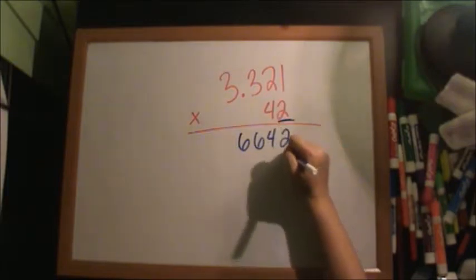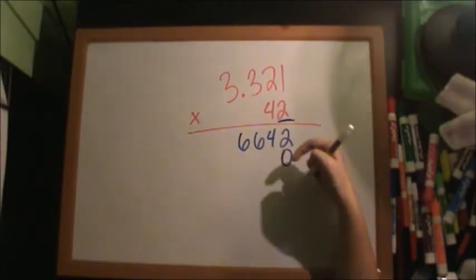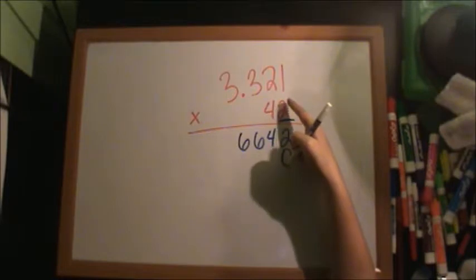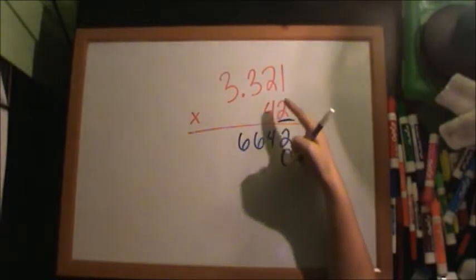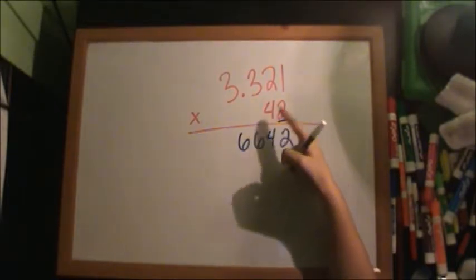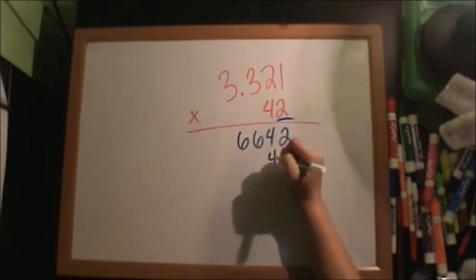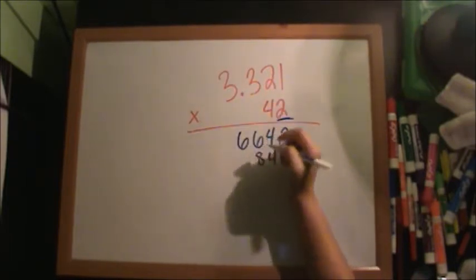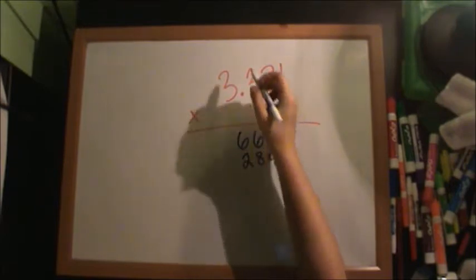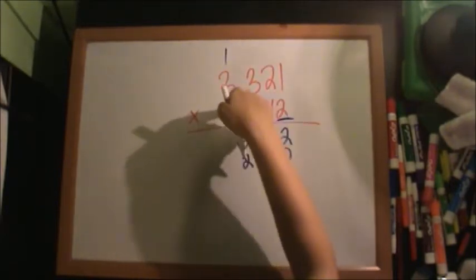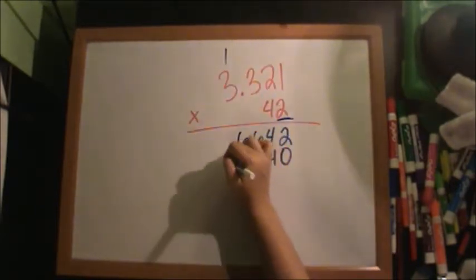Now I'm going to put a 0 here, because now we know that it's 40 times 1 thousandth. 4 times 1 gives me 4. 4 times 2 gives me 8. 4 times 3, that's 12. I'm going to carry that 1. 4 times 3 is 12 again, 13.